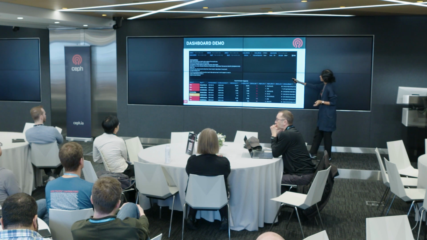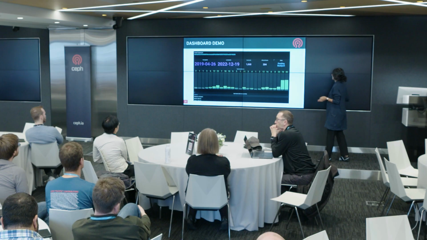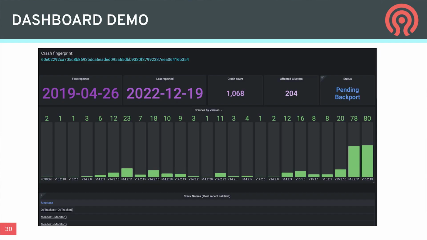So if we were to click on one of the signatures, we will see a signature page, which tells us when the issue was first and last reported. We can learn about the count of the raw crash events that were reported and how many clusters were affected.